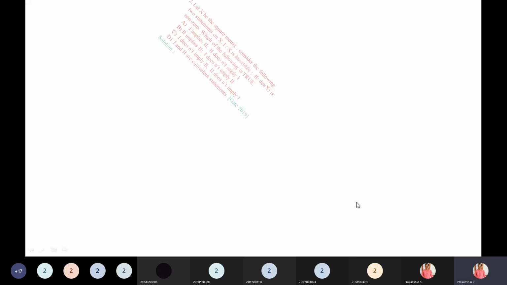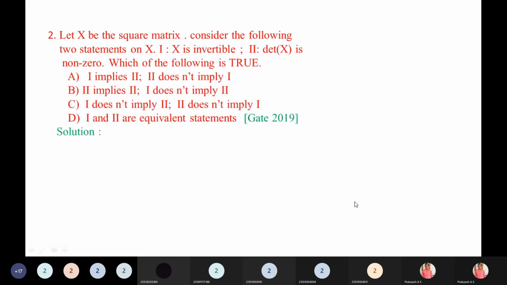Next problem. Let x be a square matrix. Consider the following two statements on x. First statement, x is invertible. What does invertible mean? Invertible means it is not singular.